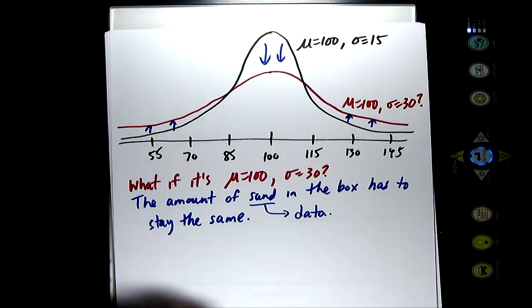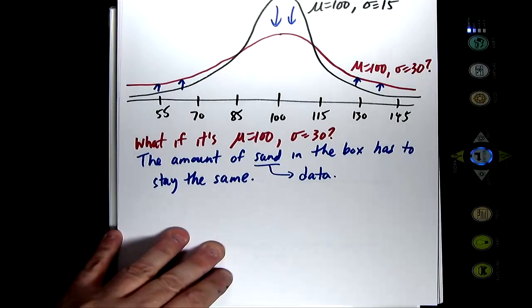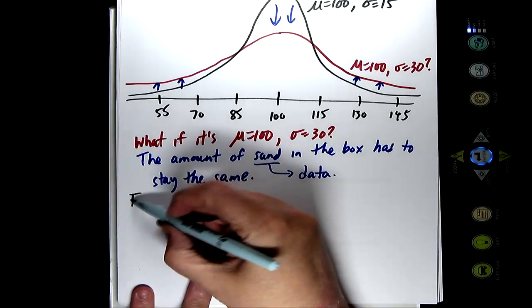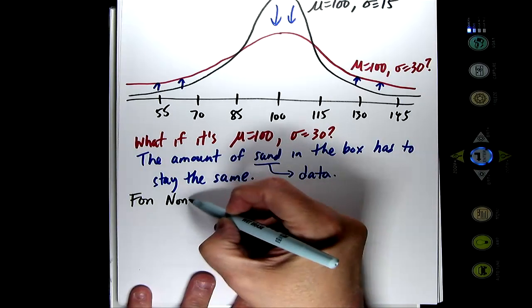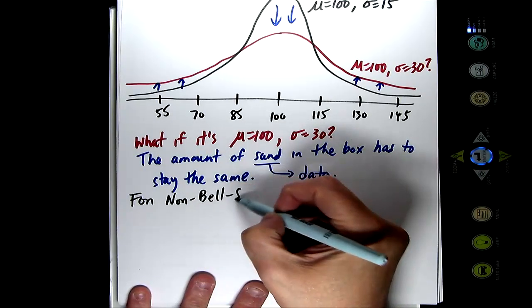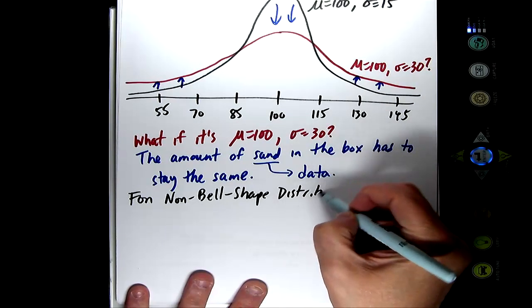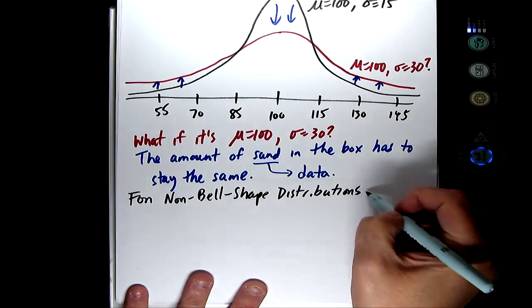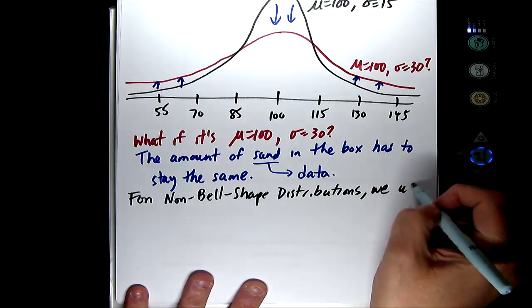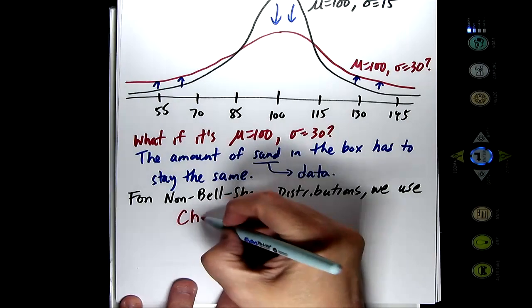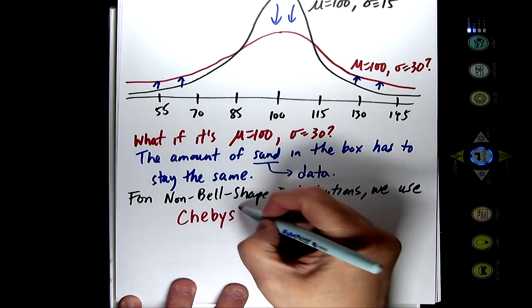But before I do that, I want to talk about non-bell-shaped distributions. We use this, and I'm going to write the name first before I say it, because you'll never guess how it's spelled by the way I say it.